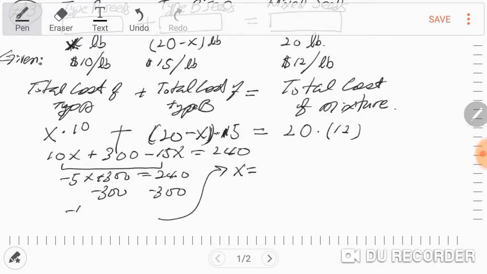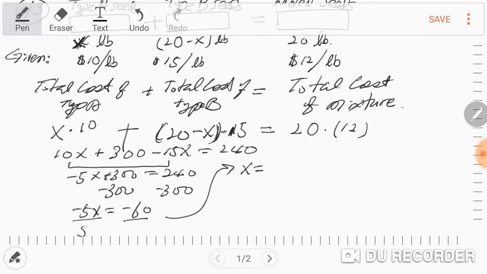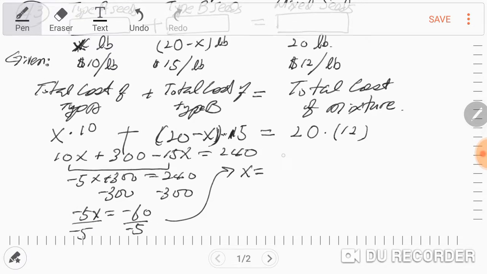So negative 5X equals negative 60. And divide each side by negative 5. Then X equals positive 12. So X is 12 pounds. So 12 pounds is the weight of type A. Then what's the weight of type B?